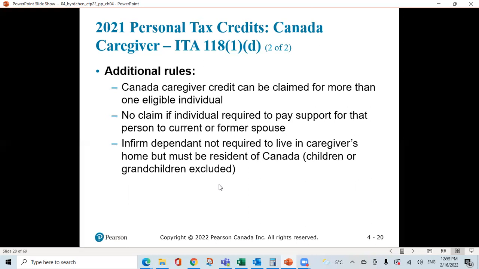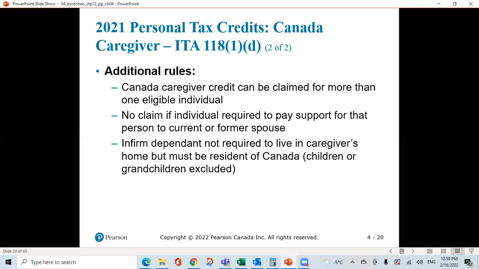For these rules, one of the most important things to keep in mind is that if the person claims the caregiver credit, then they cannot claim the eligible dependent with the additional amount for infirmity.